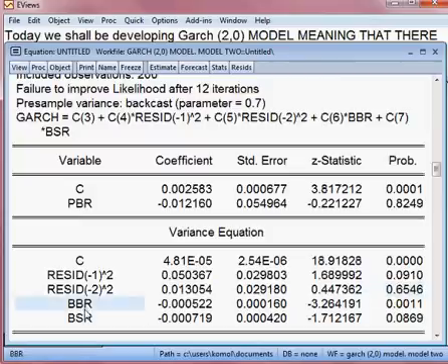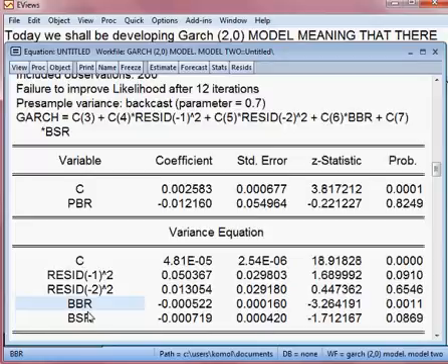Such as BBR. BBR is the external shock, outside shock. What is BBR? Bangladesh bond return. The question is whether the volatility of the Bangladesh bond return can influence the volatility of the Indian bond return.